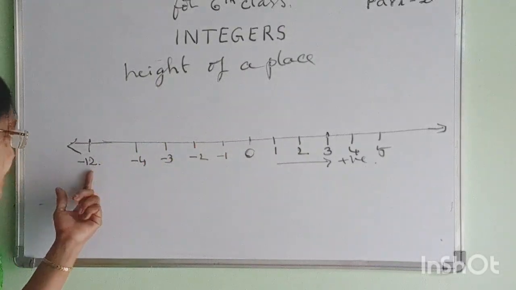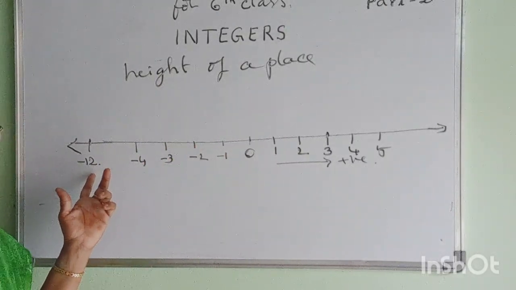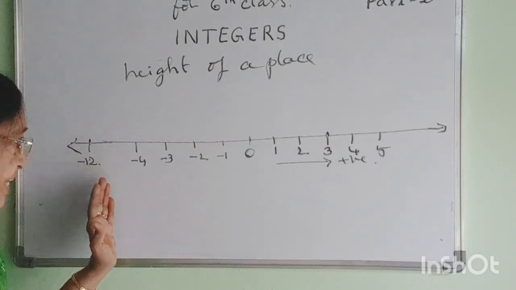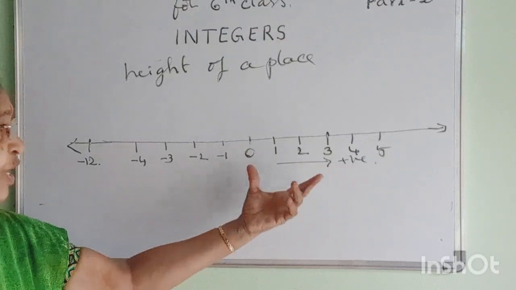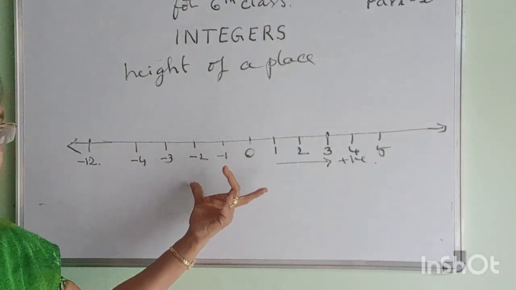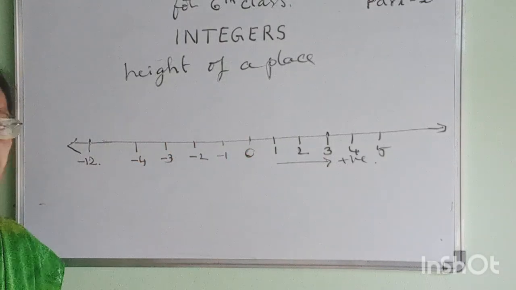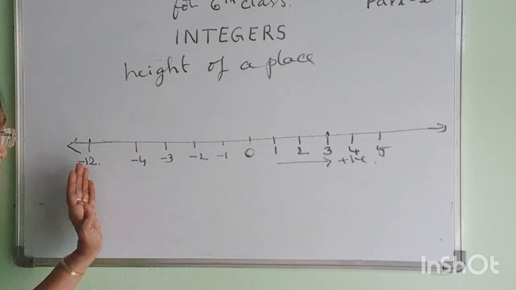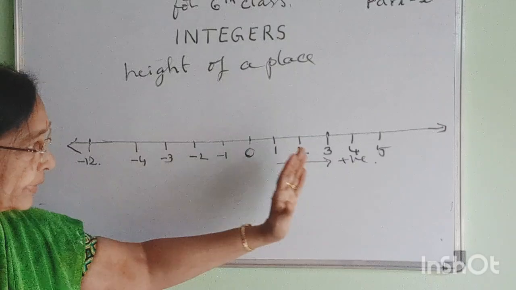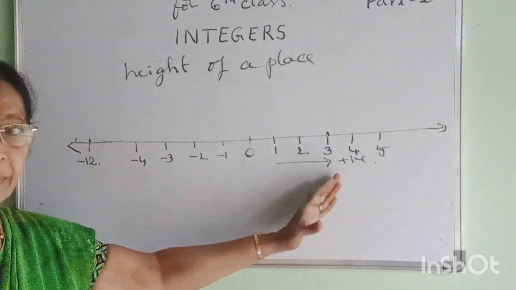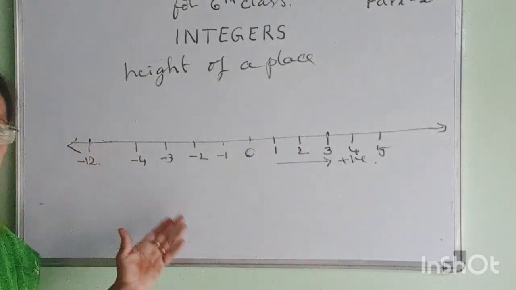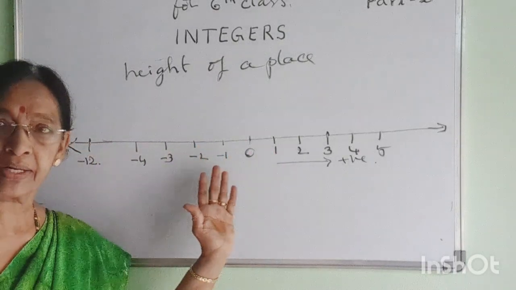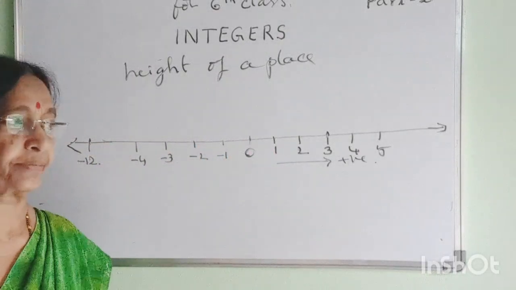As it is 12, is it greater? No, it is minus 12. Therefore, minus 12 is less than 3. So among two or more numbers, the number which is on the right hand side on the number line is the greatest. So among minus 12 and 3, 3 is the greater number and minus 12 is the lesser number.